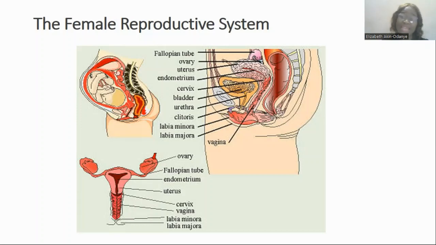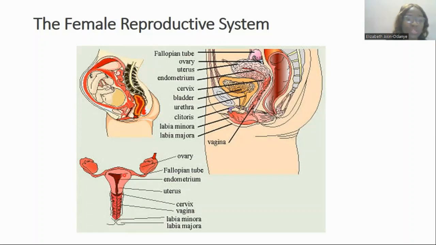Progesterone, we said, is one of the female sex hormones, and it is released through the corpus luteum. This progesterone thickens the lining of the uterus, which is also called the endometrium. That's the wall of the uterus.